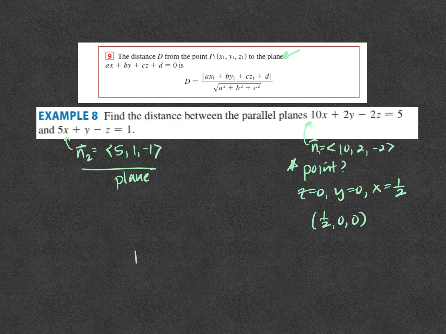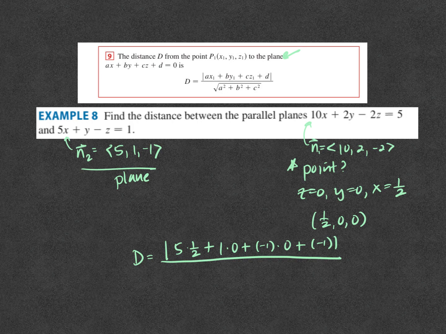Now if we look at our distance formula, we're going to say distance equals the length of A, which is 5, times x1, which is half, plus b, that's our normal plane 1, times our y1, which is 0, plus c, which is -1, times the point, which is 0, plus d from the normal vector, so that would be a -1, all over the length of n, which is the square root of 25 plus 1 plus 1.